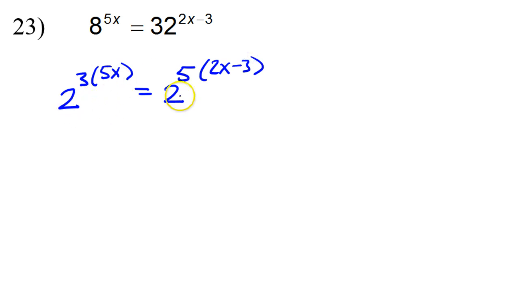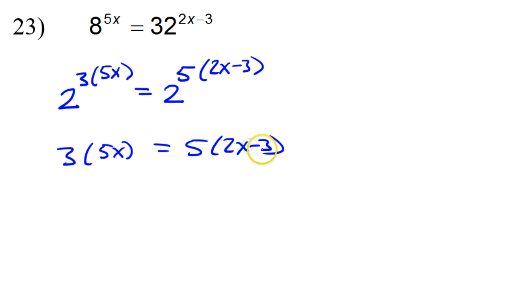So now I have the bases the same, 2 and 2. That means these exponents must be equal. In other words, 3 times 5x must equal 5 times 2x minus 3. The exponents must be equal. So this is 15x, which equals, and we must distribute, 10x minus 15. I'm seeing these x's on opposite sides of the equation.